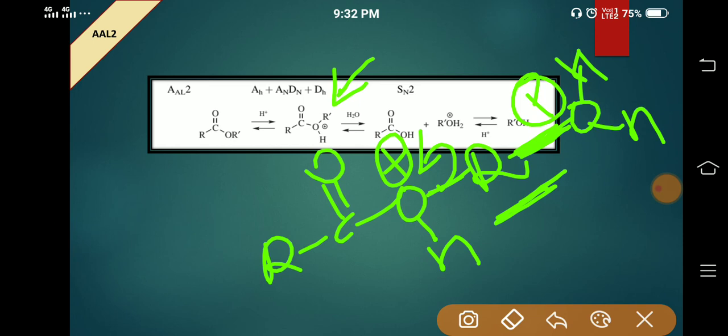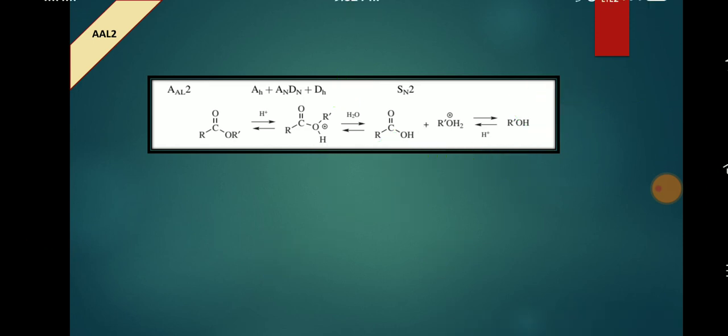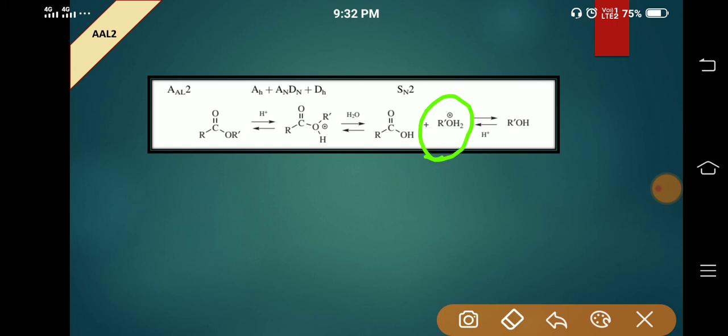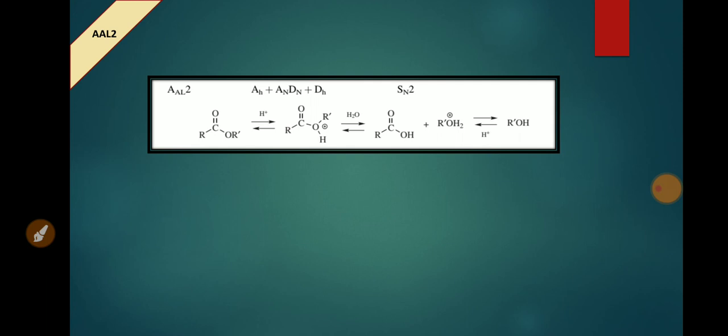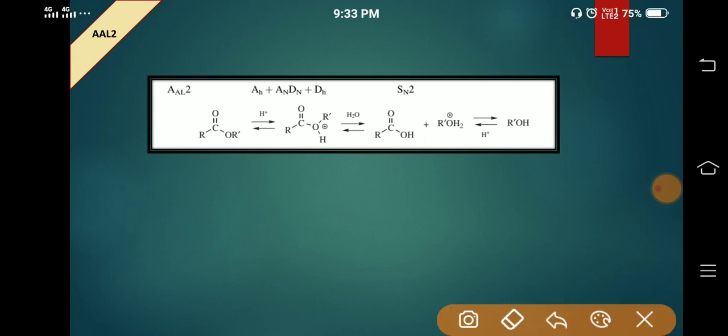Now, to stabilize a positive charge on the protonated alcohol, there is a dissociation of proton, which leads to the generation of alcohol as a product. This can be carried out by using an SN2 type of mechanism. This type of mechanism has not actually been observed in ester hydrolysis. An example given is the acid cleavage of gamma lactones.